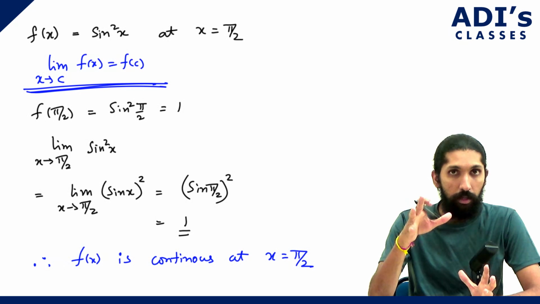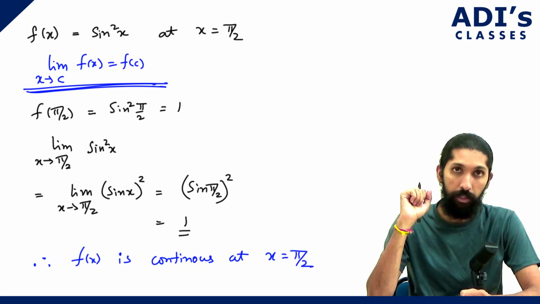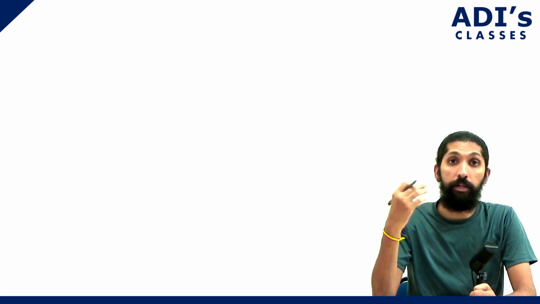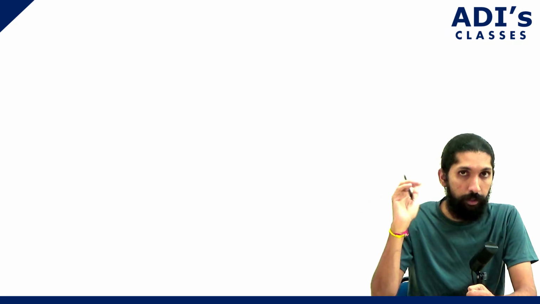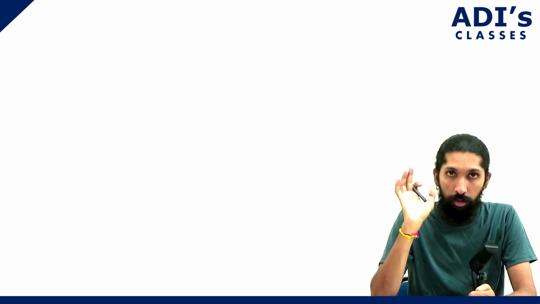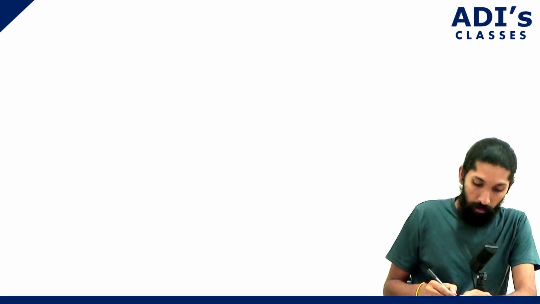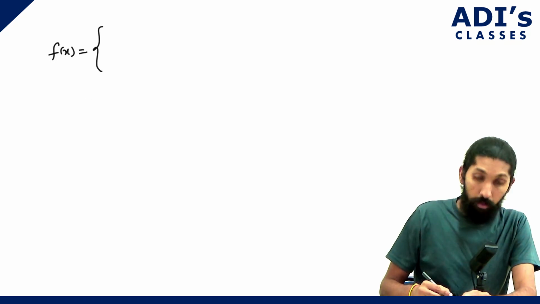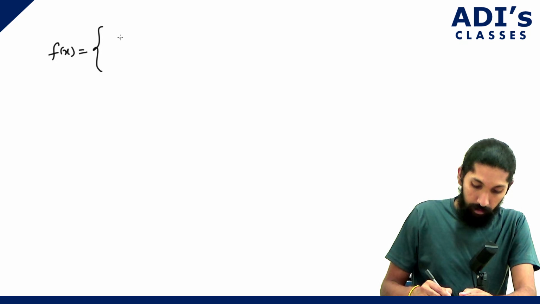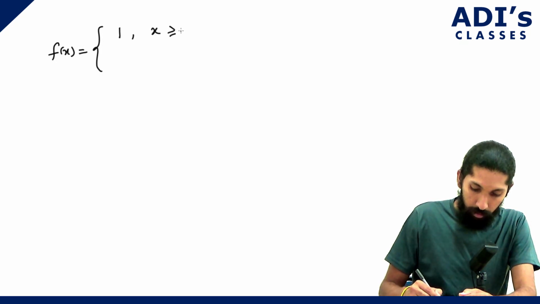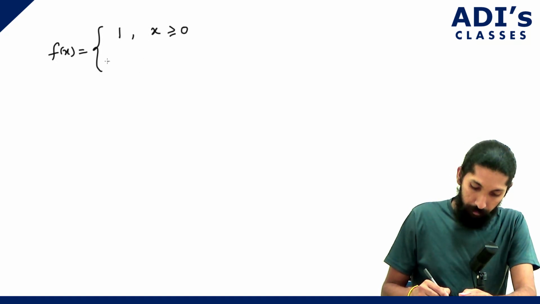You just have to discuss the continuity of this particular problem, right? The problem will be to discuss the continuity of the particular function, or check whether the function is continuous in the given region or not. Something like this. F of x is equal to, two things I'll give you: 1 if x is greater than or equal to 0, and minus 1 if x is less than 0.